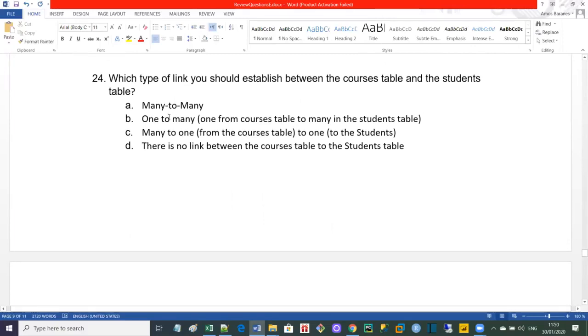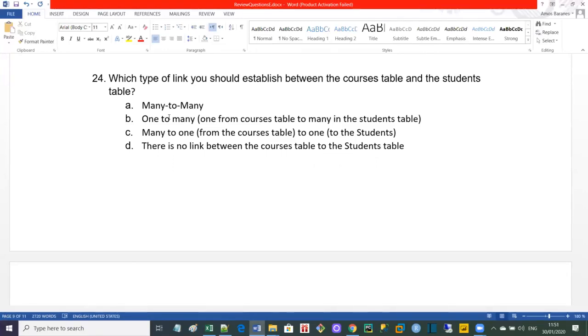How should you approach a question like that? You should really ask yourself, okay, I have a courses table, I have a students table. And then you ask yourself, every student can register to several courses. So from students to courses, there should be a link of type one-to-many, because every student can register to many courses. Then you ask yourself, can many students register to the same course?